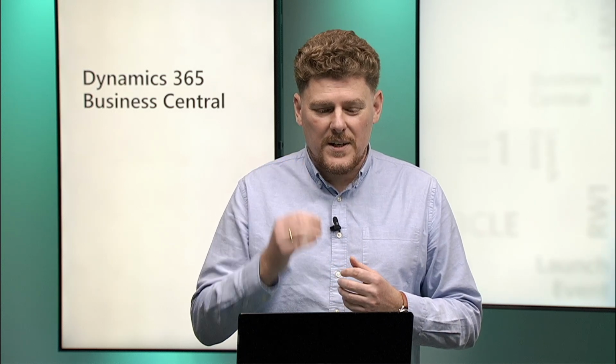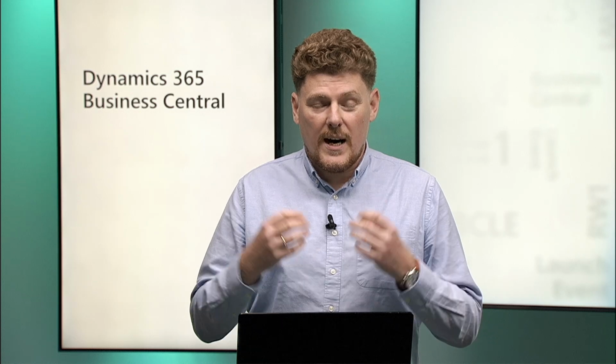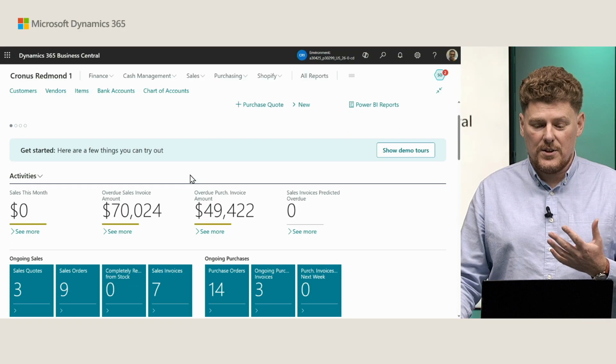Now, one final piece of information I wanted to share with you is a little bit of insight into how the agent works under the hood. I'm not going to go into deep technical details, but generally, the agent has access to the entirety of the Business Central application.